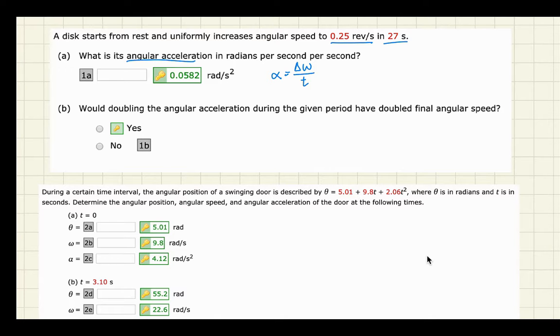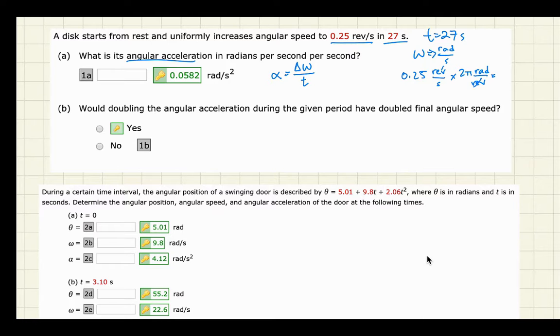So in order to answer this, I'm given time, 27 seconds, but I'm not given delta omega. What I'm given is the change in revolutions per second. Remember that omega needs to be an angle per second, so this should be in units of radians per second. In order to convert my 0.25 revolutions per second to radians per second, I'm going to multiply that by 2 pi radians per revolution.